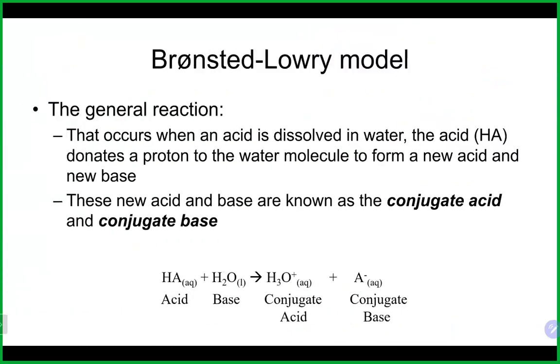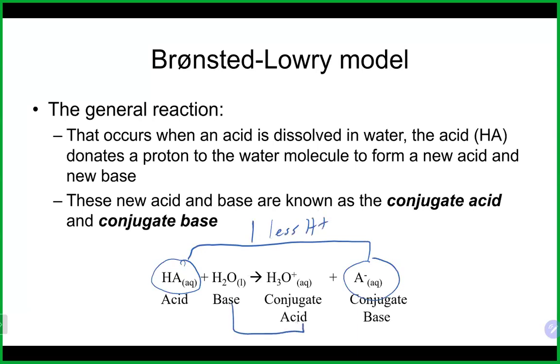And here is again, a general definition of it. HA is just a generic acid. It could be like HCl, whatever it may be. And again, these two guys are going to be related to each other. The only difference is 1 less H plus. And these two guys here are going to be related to each other. Again, 1 more H plus.